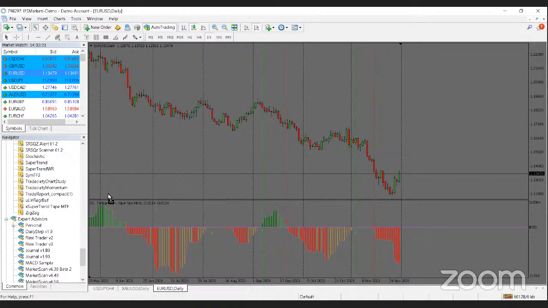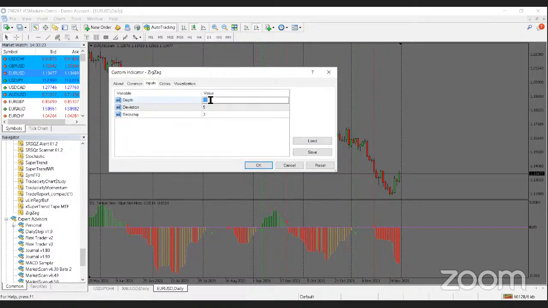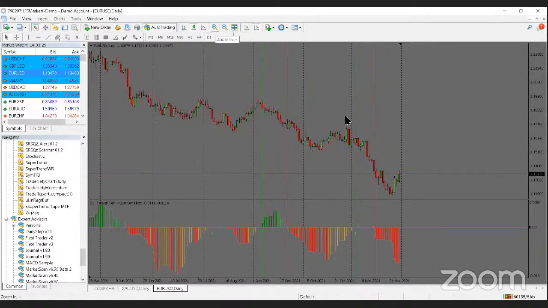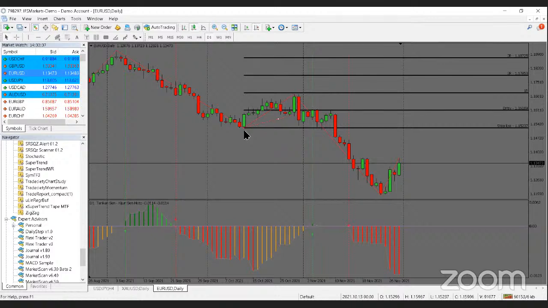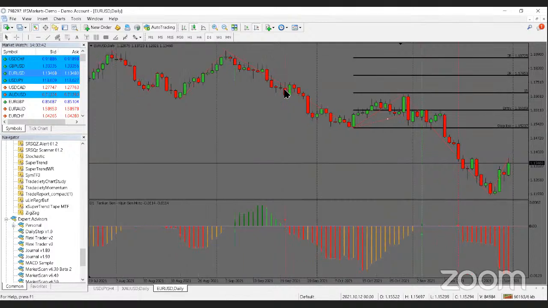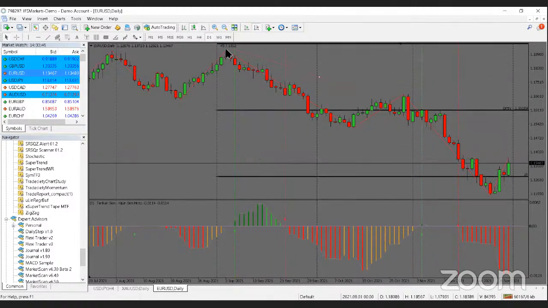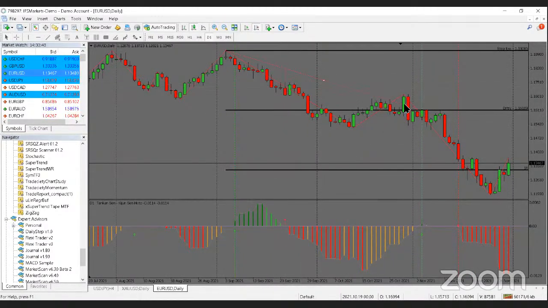I'm just going to give you a few examples of how I did it. For example, this will be a long entry because there's a green arrow on top of it. Then you can just assume a market entry and a stop loss below. If it hits the stop loss, we count that as a loss. And then here again, there's another entry.